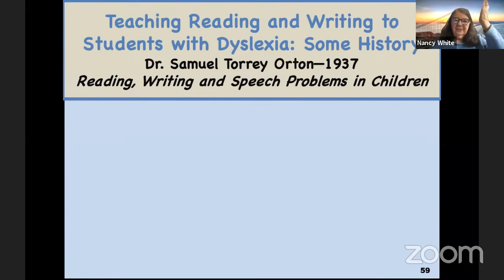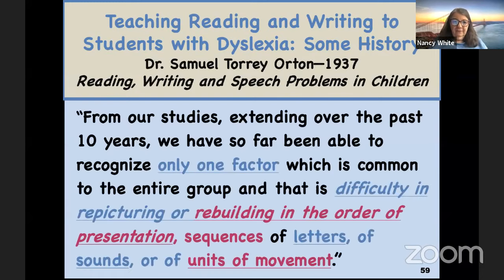Okay, so back to Dr. Orton in 1937. This is one of his big takeaways from working with those students that he first worked with over those first 10 years. We have so far been able to recognize only one factor common to the entire group: difficulty in repicturing or rebuilding, in the order of presentation, sequences of letters, of sounds, or of units of movement.